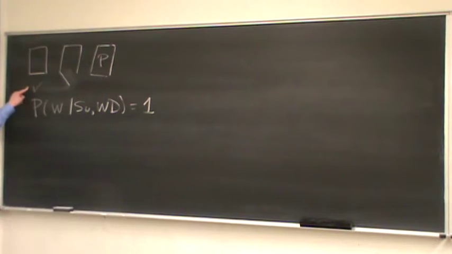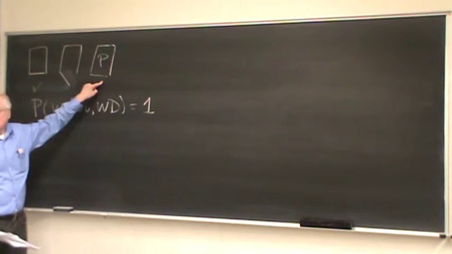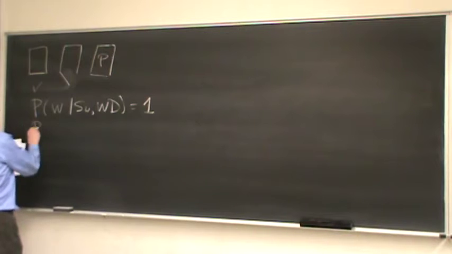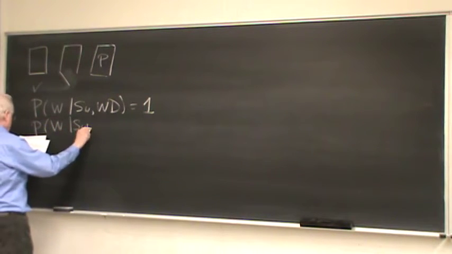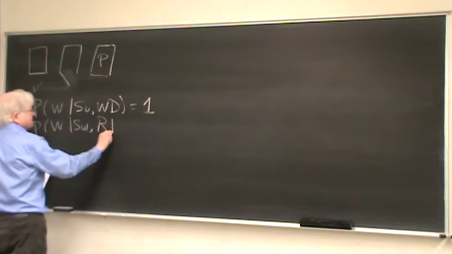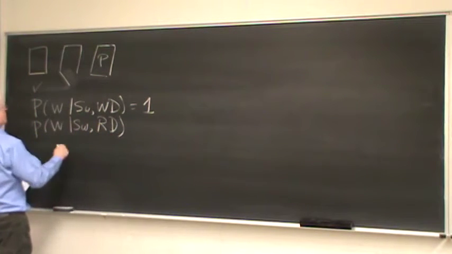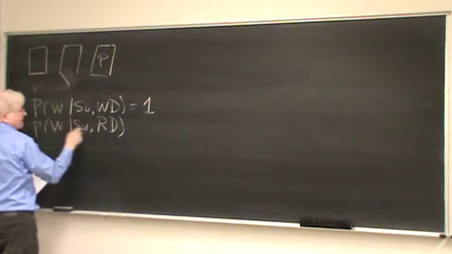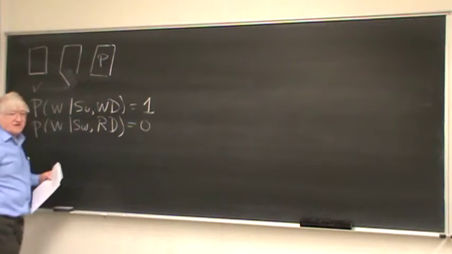You pick this one, you switch, and then the probability of winning is 1. The probability of winning, given that you switched, but you picked the right door to start with. So in other words, you picked this one, and then you switched. Well, then you're over here, and so you've got the wrong one, so that's 0.